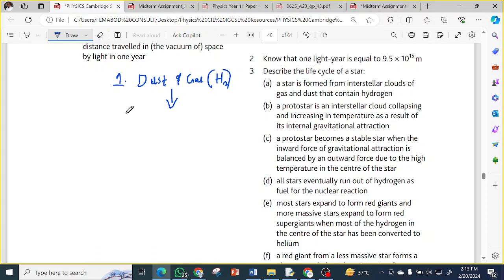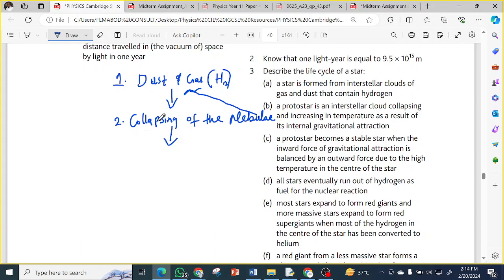So you can put it, that's number two, collapsing of the nebula. Dust and gas are also called nebula. So instead of telling a story, you can just use one word: collapsing of the nebula. Then the next point of call is protostar becoming a stable star.